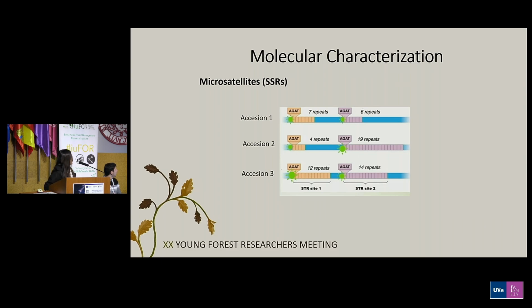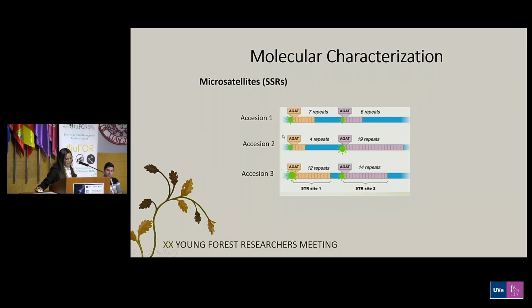We used microsatellites. Microsatellites are small DNA sequences that are repeated consecutively throughout the genome that is non-coding. So in other words, we have 3 accessions, for example here, plant 1, 2, and 3.